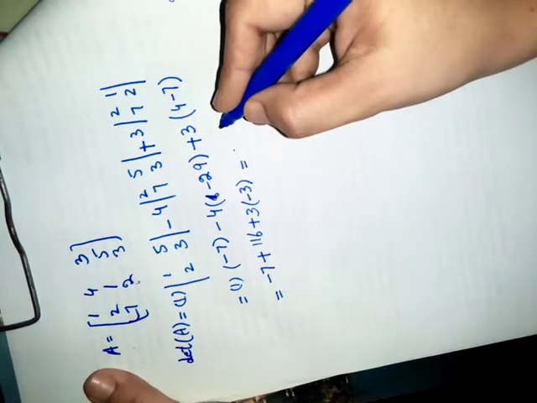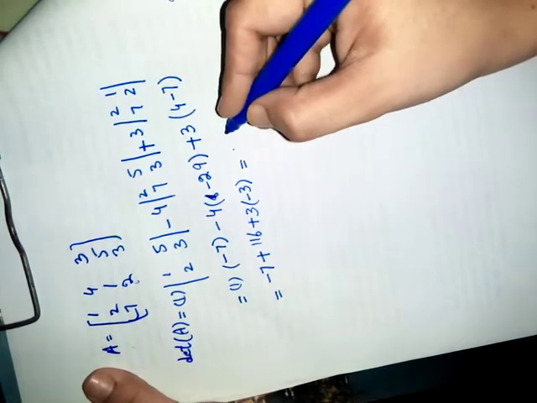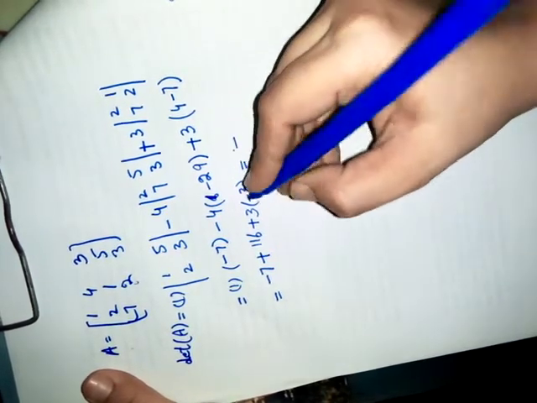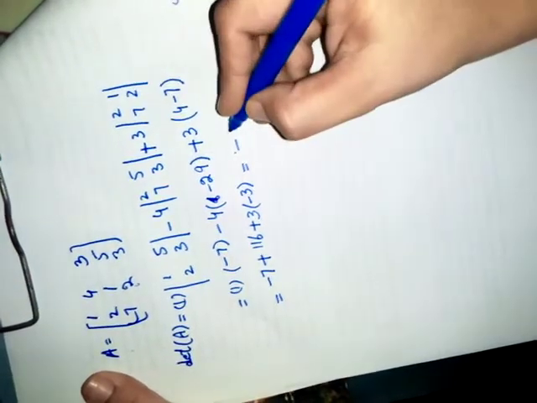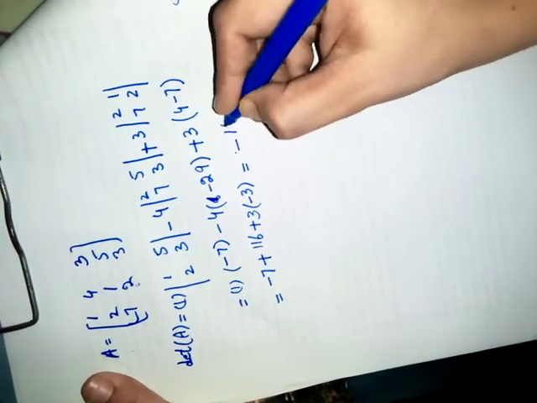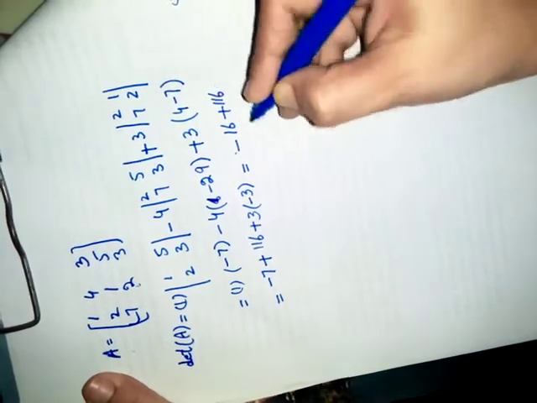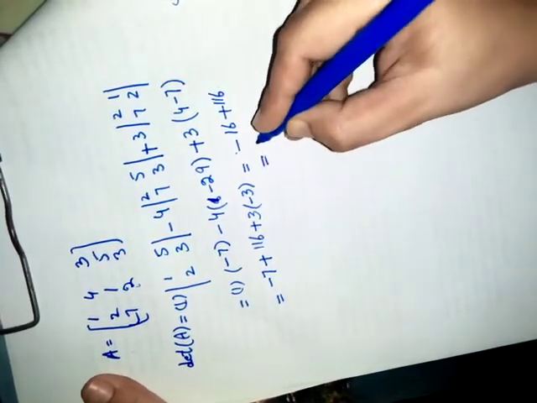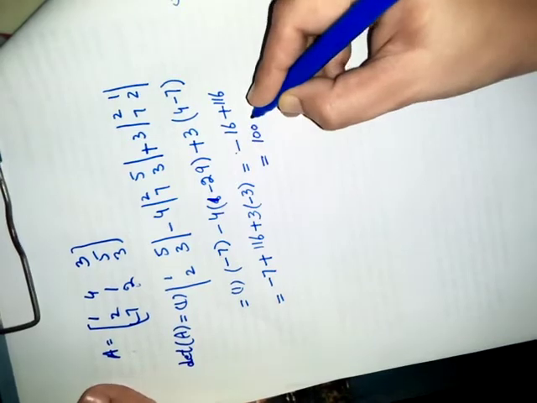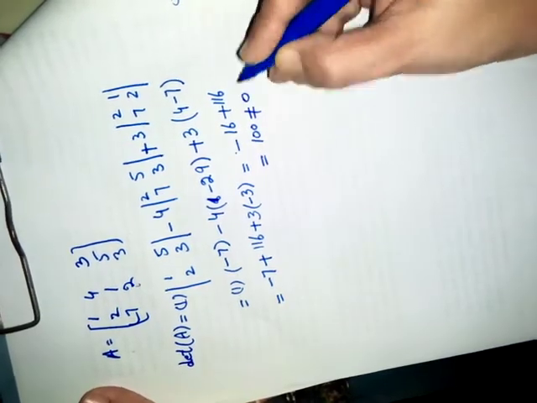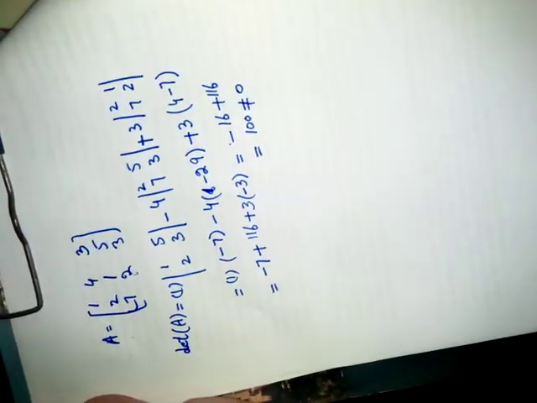It will be plus minus 9 and minus 7, it will be minus 16 plus 116. The answer will be 100. Determinant is non-zero, so we can evaluate its inverse.